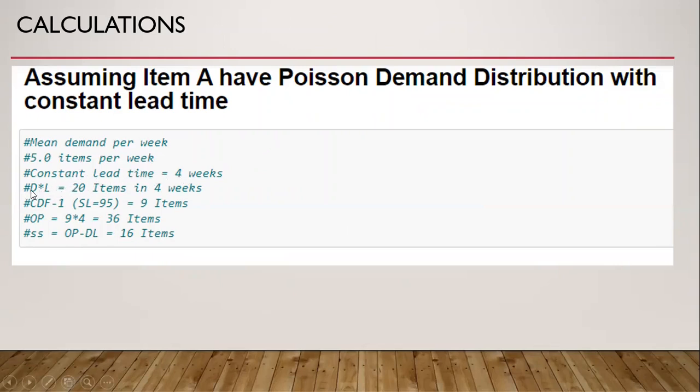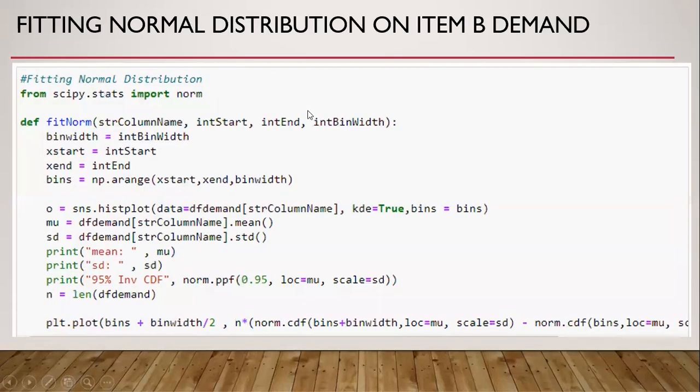So demand during lead time is 5 into 4, that is 20 items in 4 weeks. And the inverse of the CDF function, here the CDF of the Poisson distribution, with service level 95 is 9 items. So order point is 9 into 4, that is 36 items, and safety stock is 16 items. So this is how we calculate when our demand has a Poisson distribution.